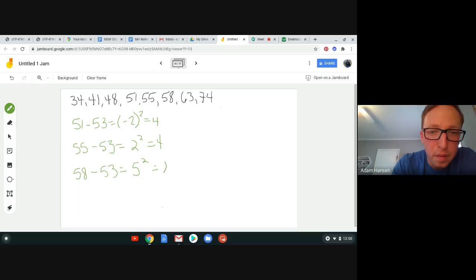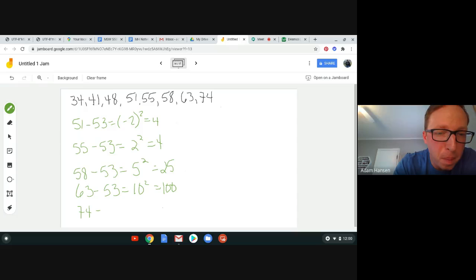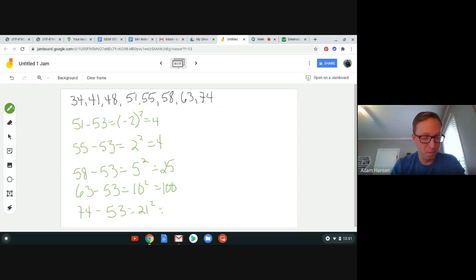Squared makes 25. 63 minus 53 is 10. Squared makes 100. 74 minus 53 is 21 squared, which makes 441.